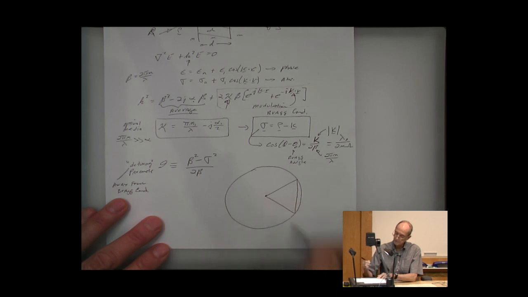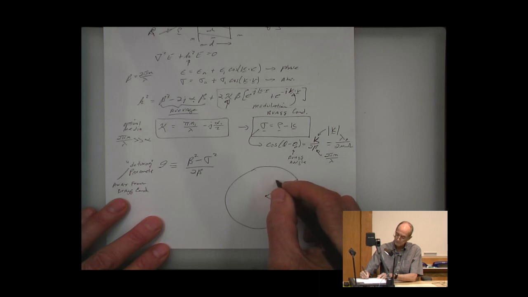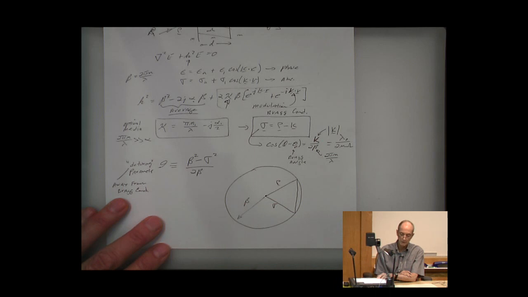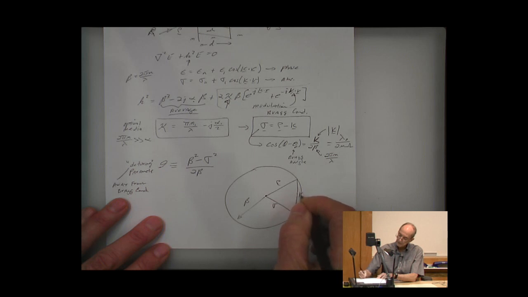So here, if we have the Bragg condition where we have rho and sigma here, and this radius in this case is equal to beta if we're at the Bragg condition. And this is our k vector, right?